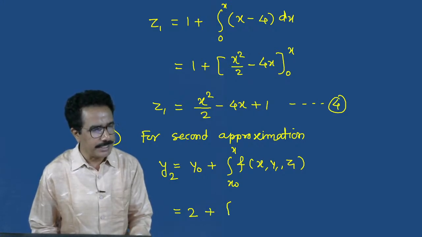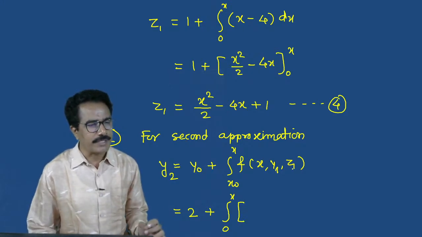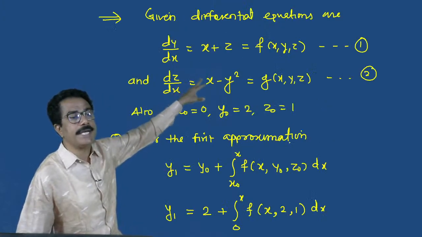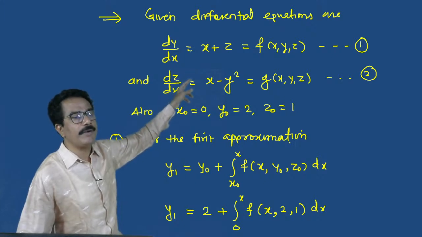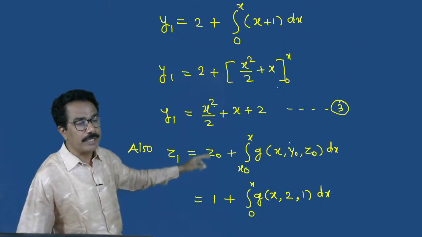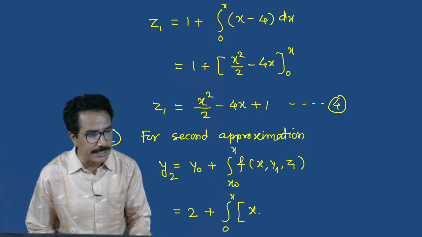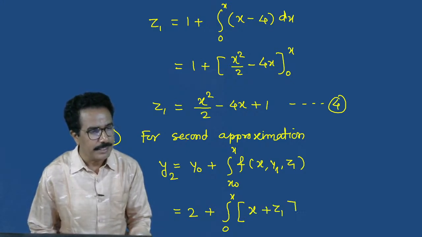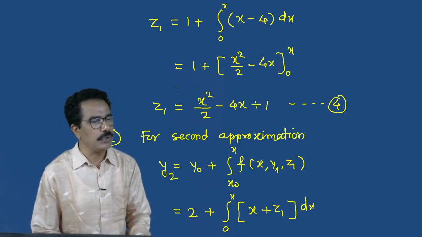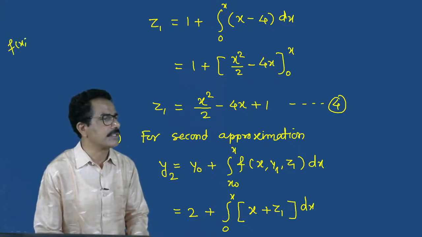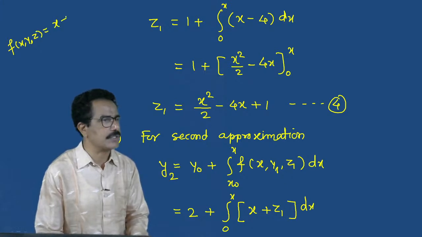plus integral from 0 to x integral of, now f of x comma y1 comma z1, f of x comma y comma z is x plus z, f of x comma y comma z means x plus z, but we have to calculate f of x comma y1 comma z1, so we can write x plus z1 into dx, because we know that f of x comma y comma z will be x plus z.